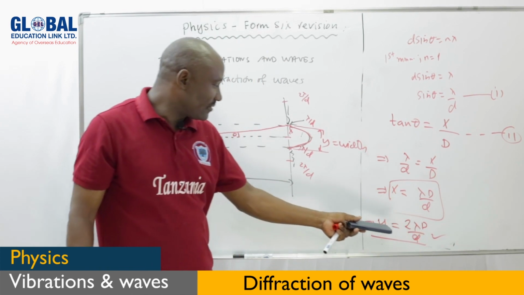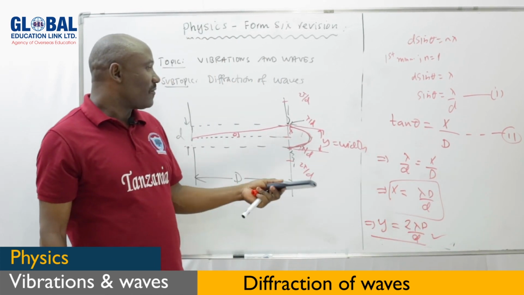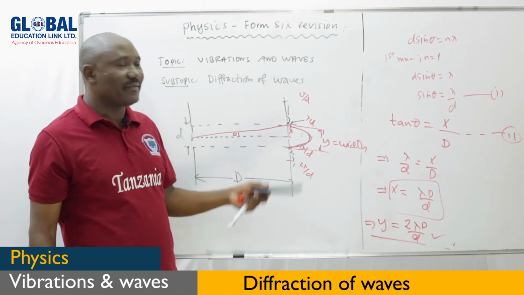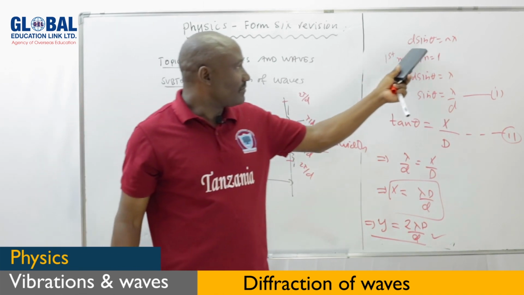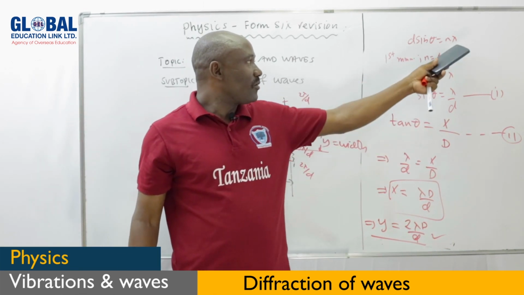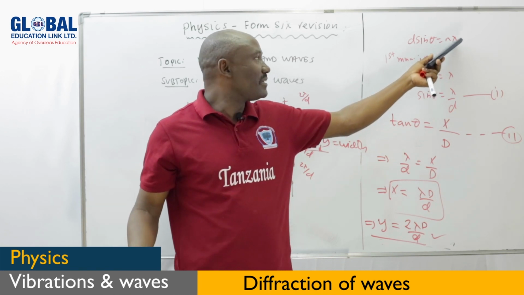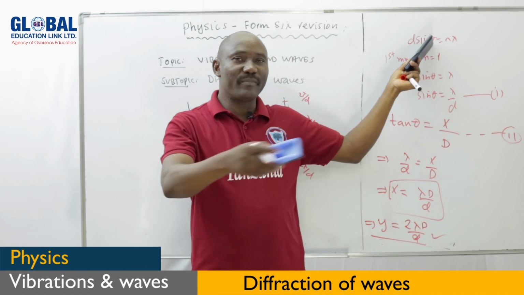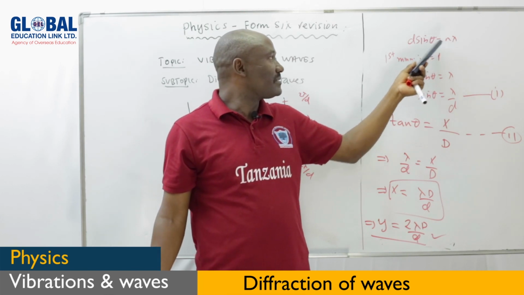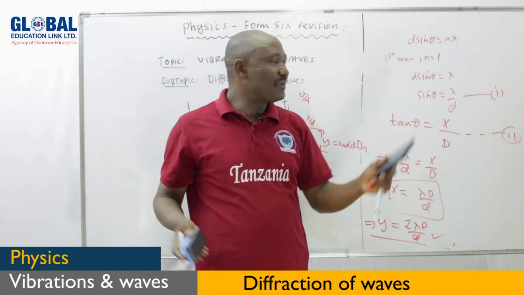Now, before you see example number 1, we have seen the condition for diffraction that is given by this formula: when the wavelength lambda increases, it will determine the angle of bending, and that also depends on the size of the opening.